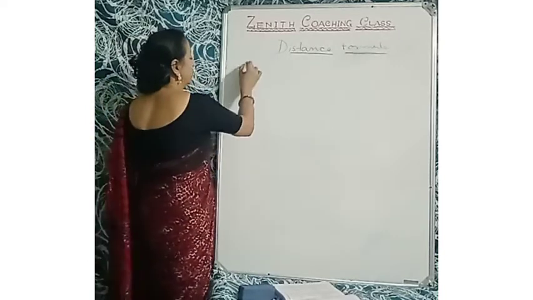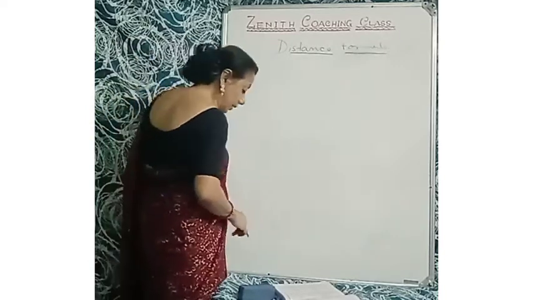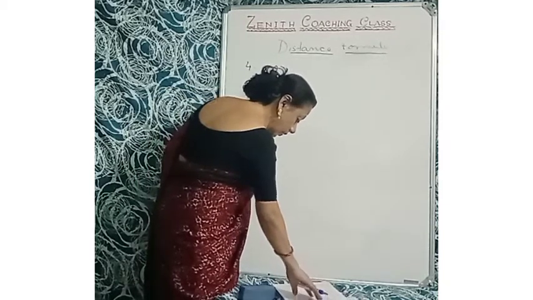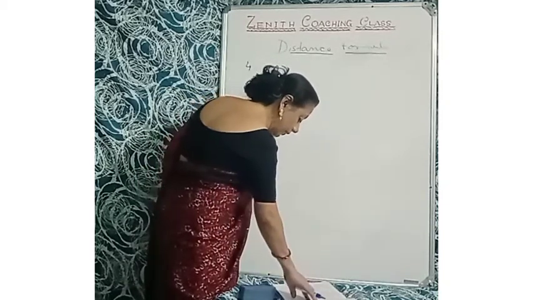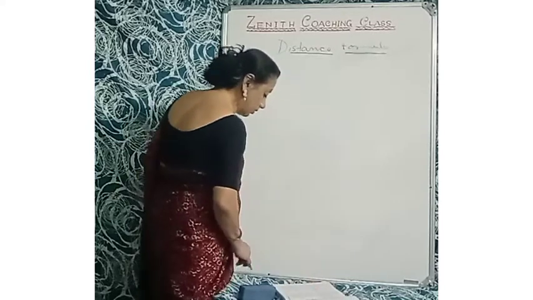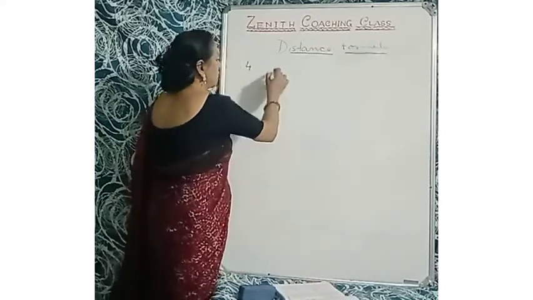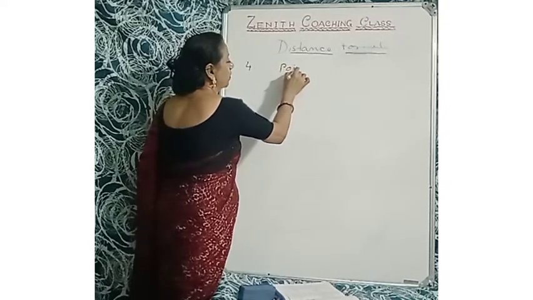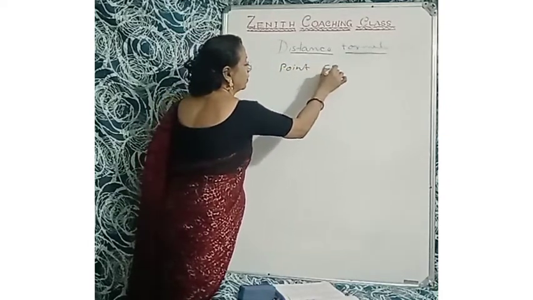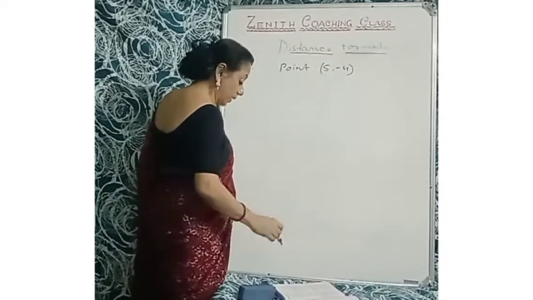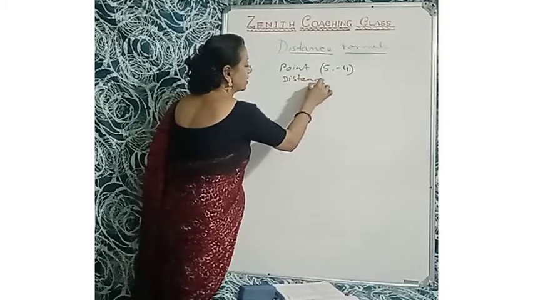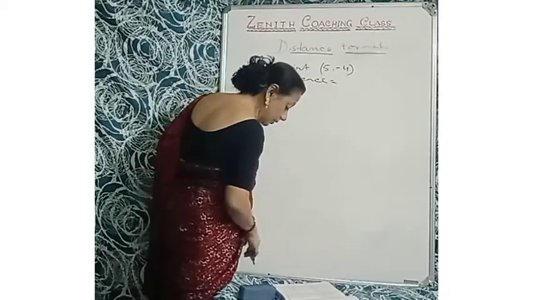Now question number 4. Find points on the x-axis which are at a distance of 5 units from the point (5, minus 4). So here is a point, that is the point (5, minus 4), and the distance is here 5 units.